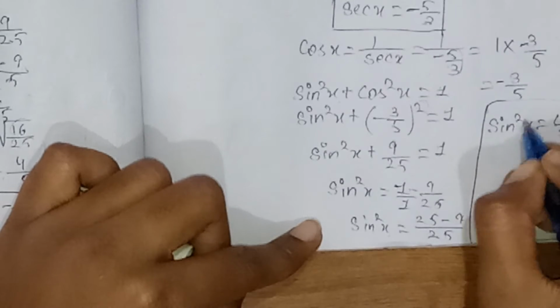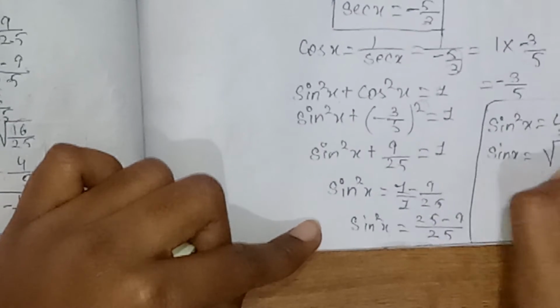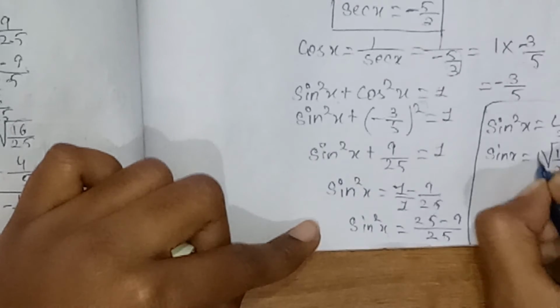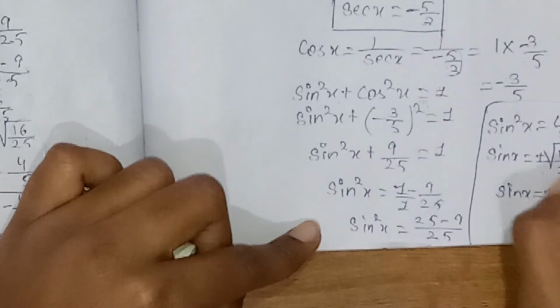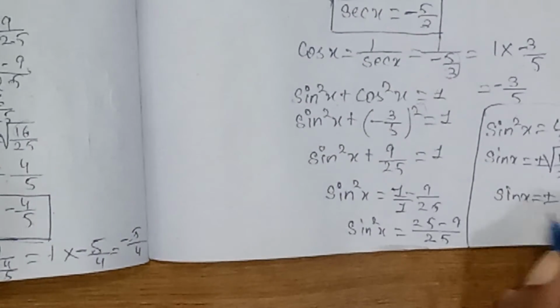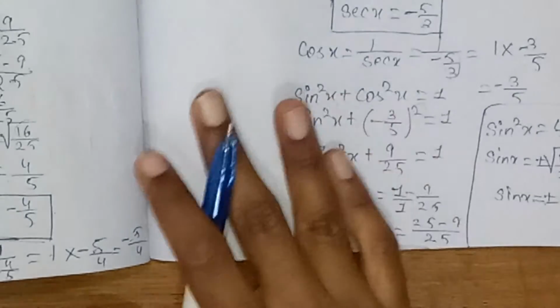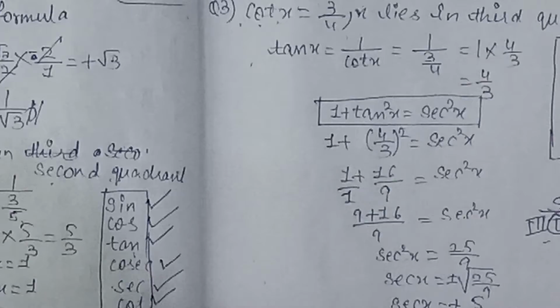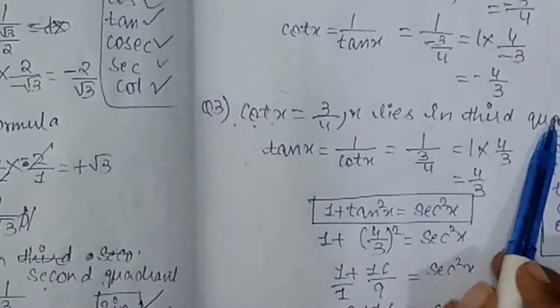So when the square goes to the right hand side it becomes a root, and plus or minus. We know the square root of 16 is 4 and of 25 is 5. So how should we know whether the sine value is plus or minus? As I've said, in the question they have given that x lies in the third quadrant.